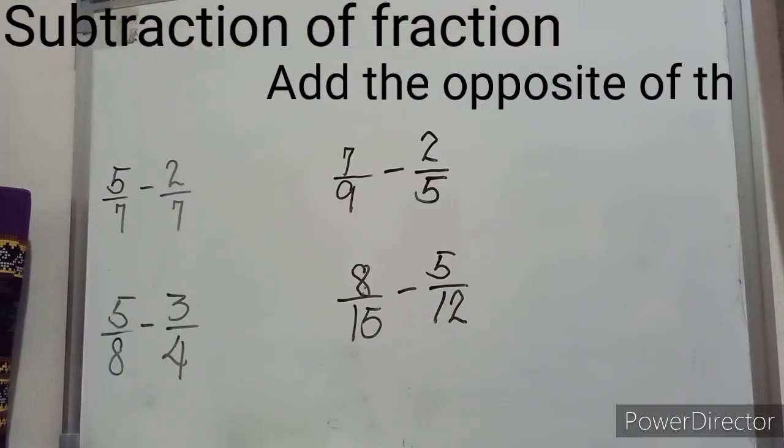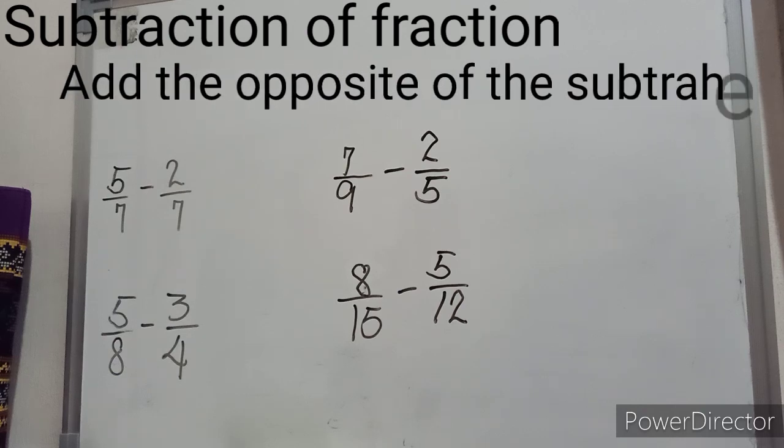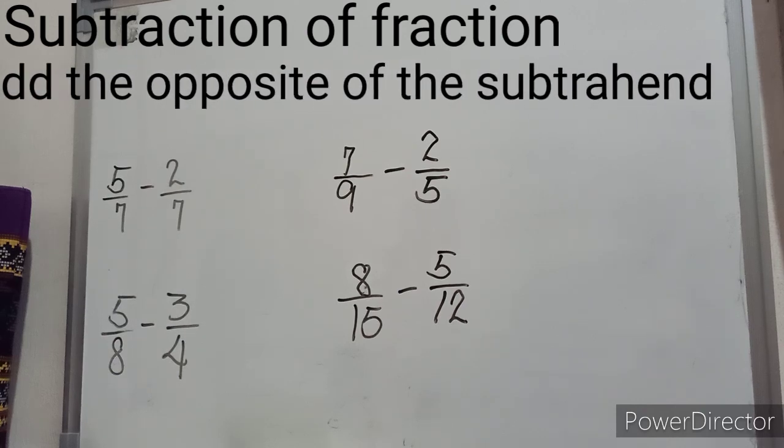So let us recall then that in addition of integers, which we are going to make use just the same on the addition and subtraction of fractions, we did say that in subtraction we have to add the opposite of the subtrahend. So let's take number 1, 5 all over 7 minus 2 over 7.